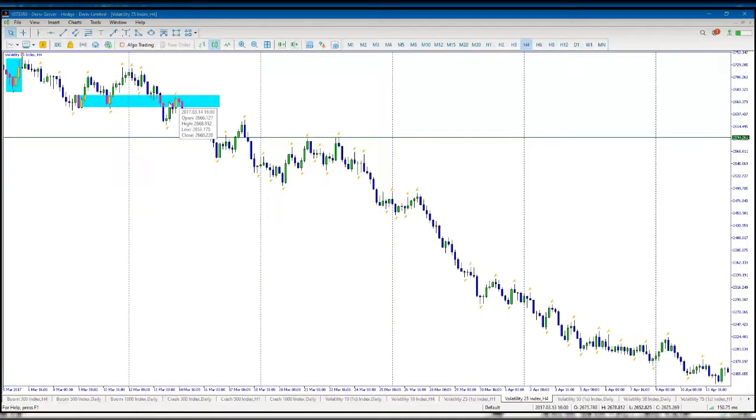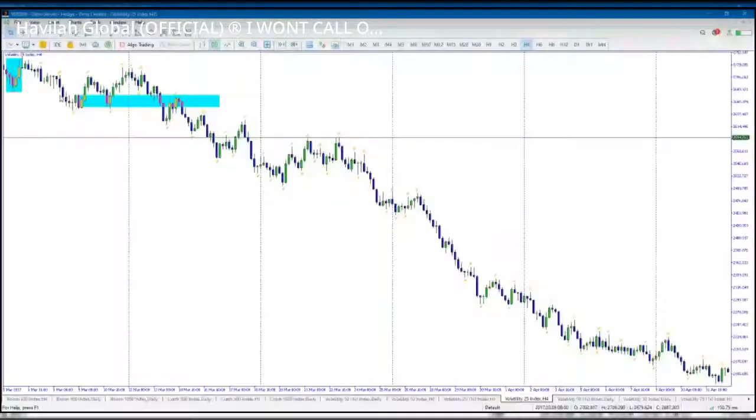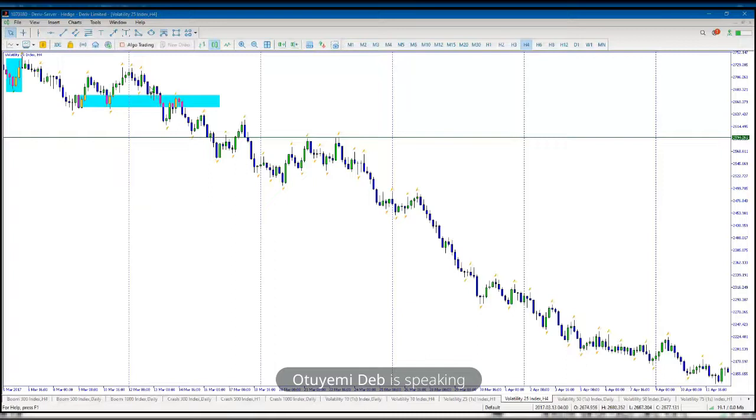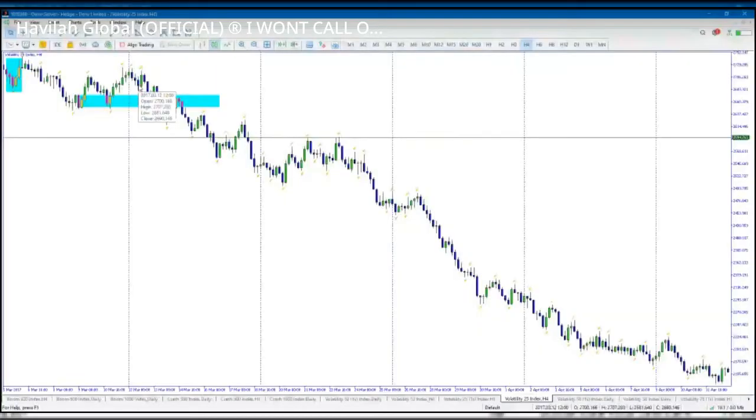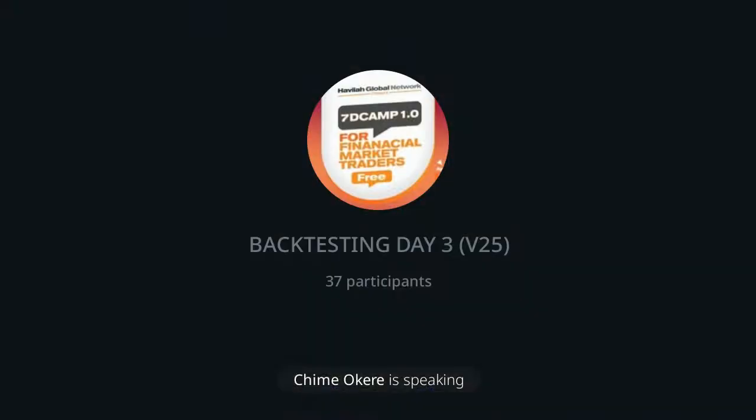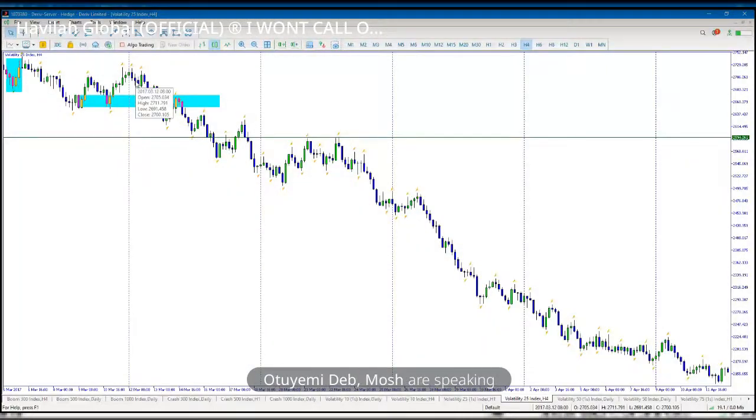From what we've learned so far, what do we call this zone? Flip zone, and then there's another name we call it. Breaker block. So price came down.